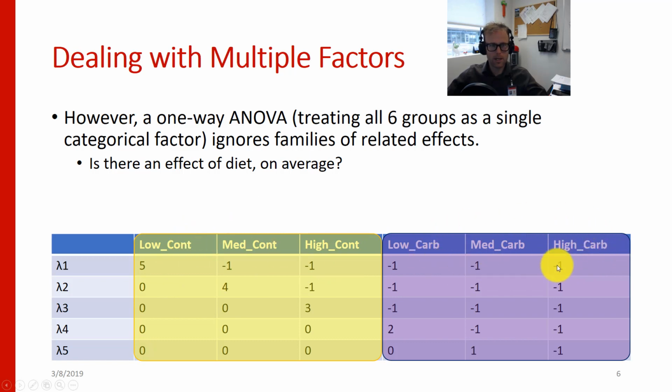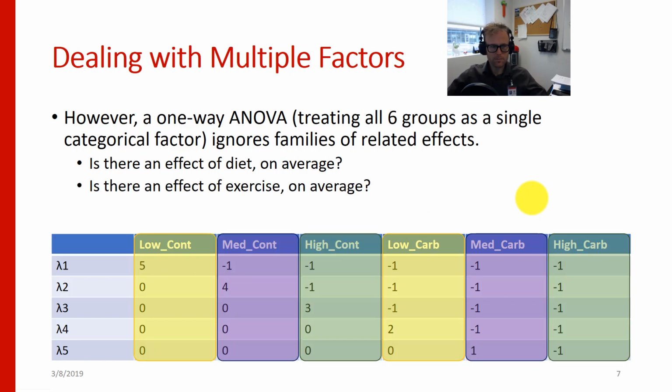They were all carbohydrate groups. So if we wanted to say, was there an effect of diet on average, we would actually want to pool the data from these groups with the data from these groups in order to make a comparison between all of the participants on this side of the table and all the participants on this side of the table in order to say, was there an effect of diet on average?